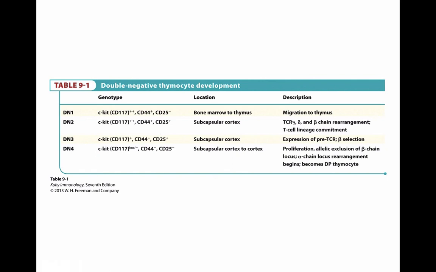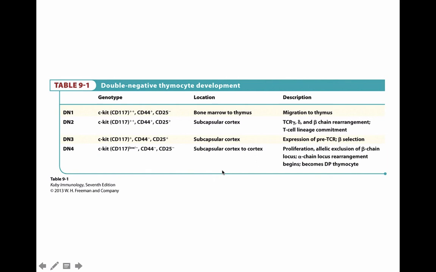At this point, you start seeing a reduction in the C-Kit, and the CD44 is non-existent. So they moved into the subcapsular cortex, and you start getting pre-T cell receptors and B selectins on the surface. These are pre-T cell receptors. They are not T cell receptors yet. C-Kit, very low concentration. CD44 is non-existent, and CD25 is non-existent.